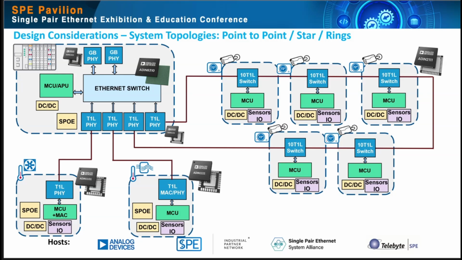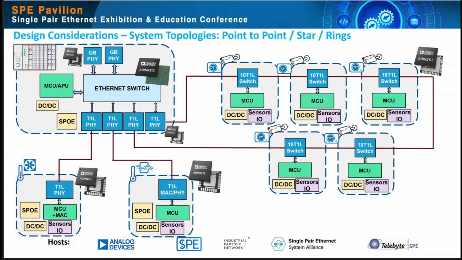Oftentimes we see star topologies like in Ethernet HDL type use cases, where single pair Ethernet sensors are operating in a point-to-point fashion. And then as mentioned earlier, you can also do lines and rings with T1L using Ethernet switches and T1L PHYs, or a product that we created at ADI called the ADIN2111, which is a single chip solution enabling daisy chain lines and rings in a more compact and easy to use form factor.